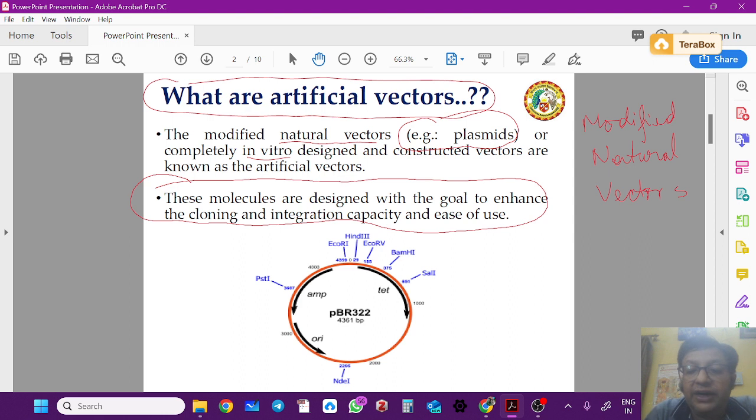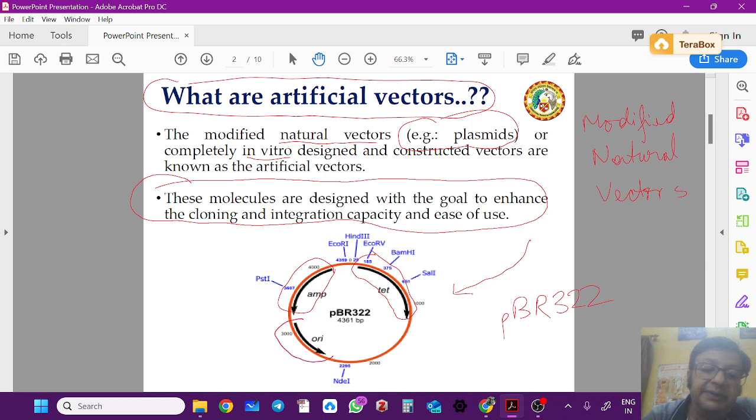So if you have a look at this particular vector which we are studying today, pBR322, you can see it has got two antibiotic resistance genes. One is ampicillin, the other is tetracycline. And it has also got the ORI sequence, replication ORI sequence.